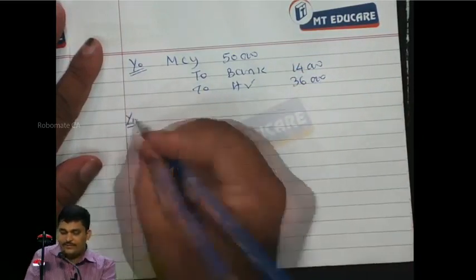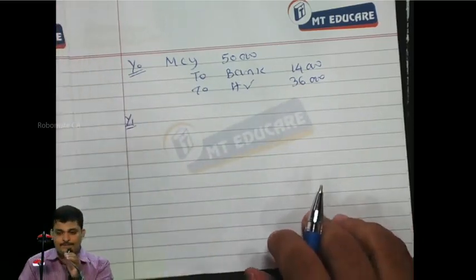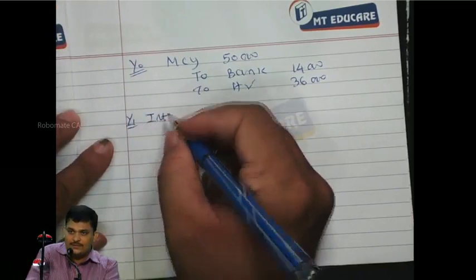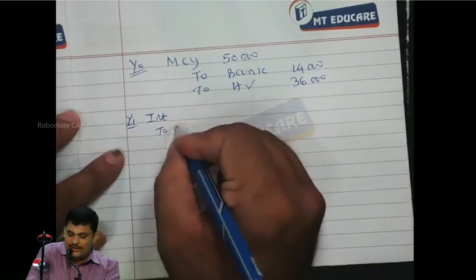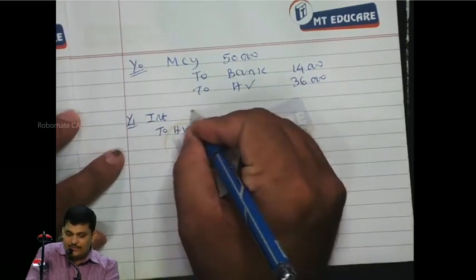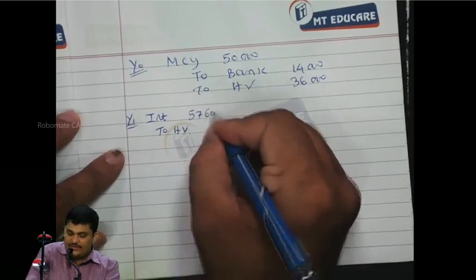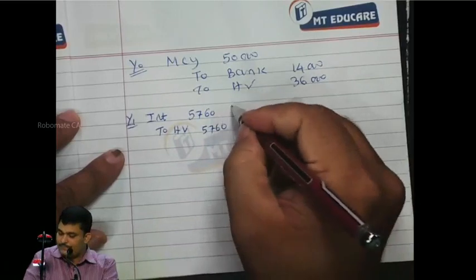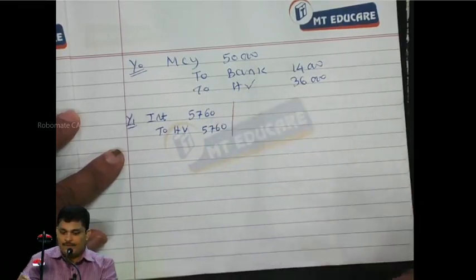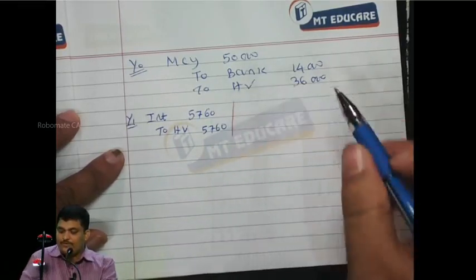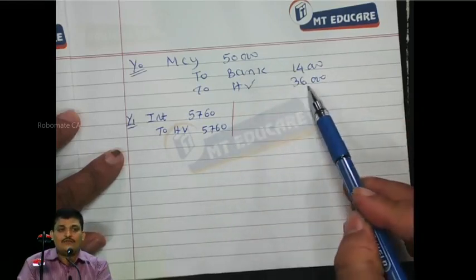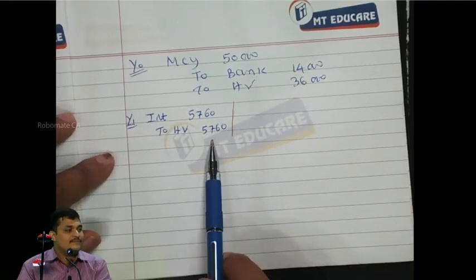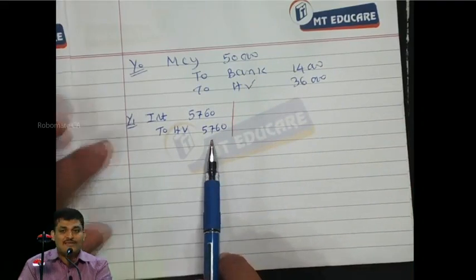Year 1, please listen. Interest account debit to hire vendor 5,760. Then which means what happens? 36,000 after this first entry will become 41,760.